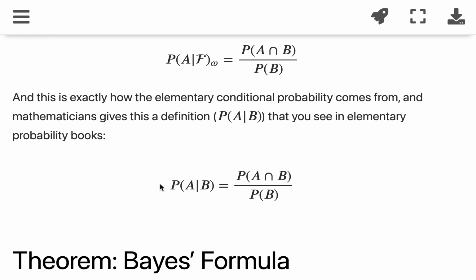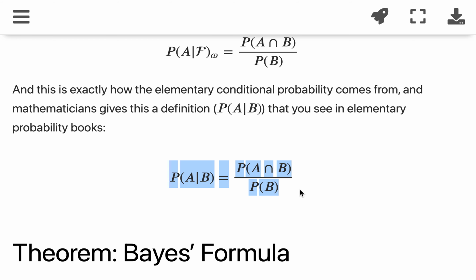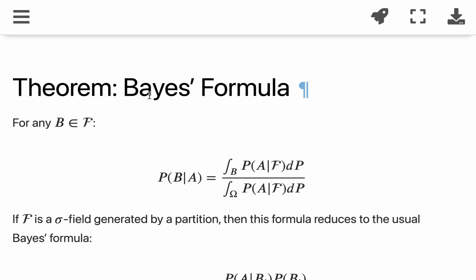But here we are proving the formula for conditional probability rigorously. So the next one is we also want to prove the Bayes formula, using the definition of conditional expectation.